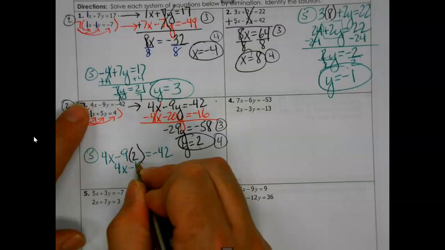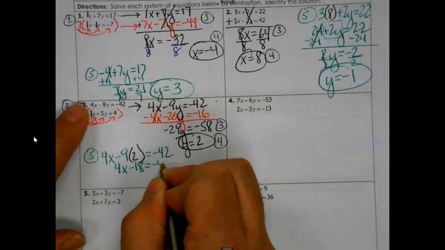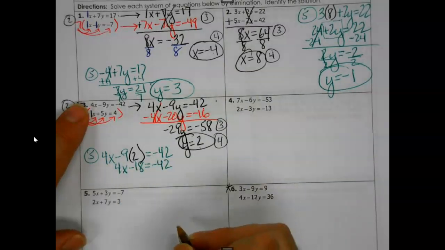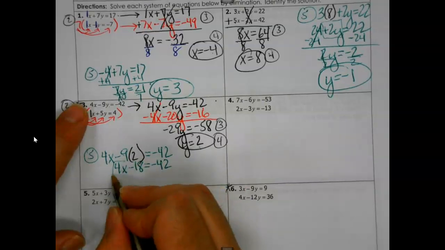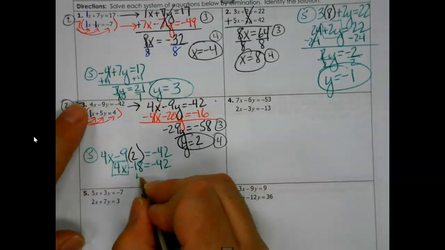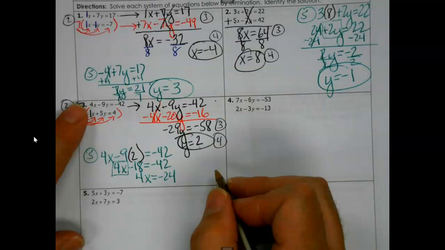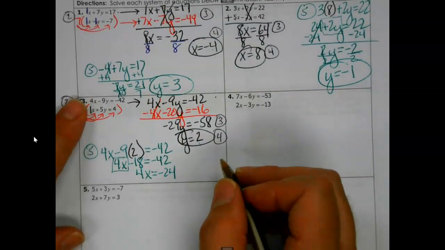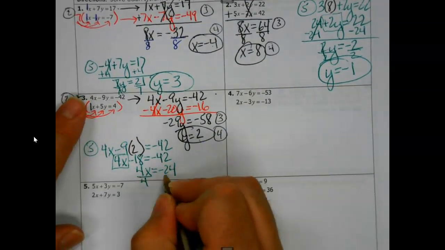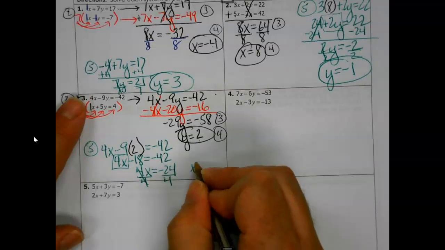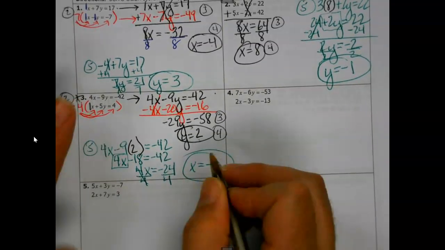Multiply those up. Add that 18 over. Okay. Divide by 4.